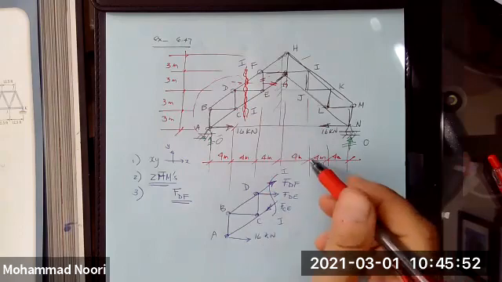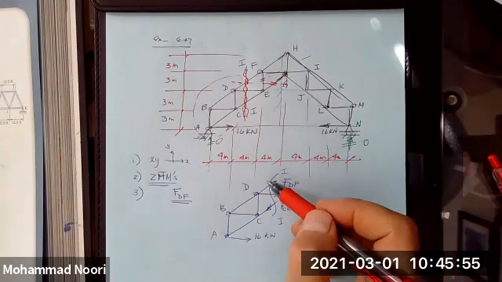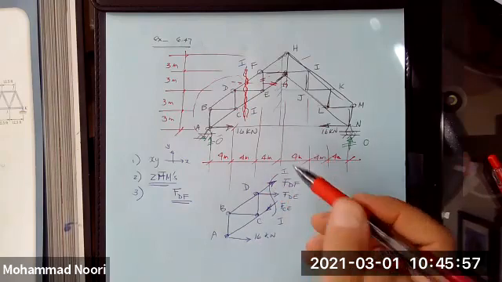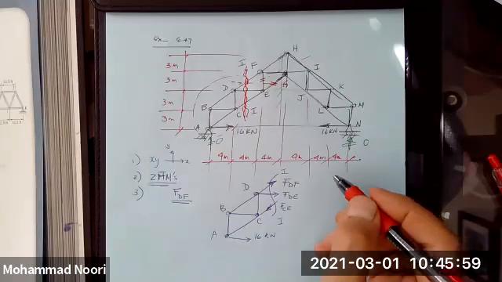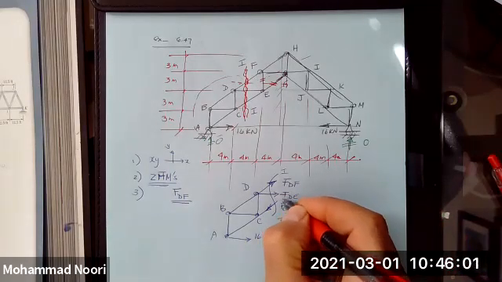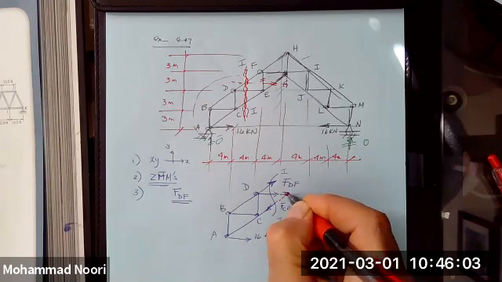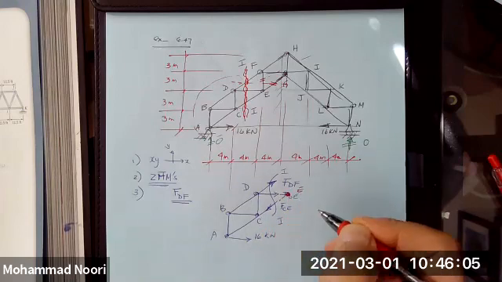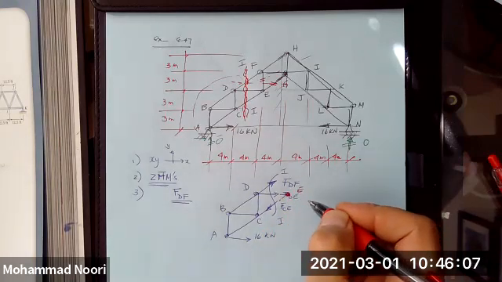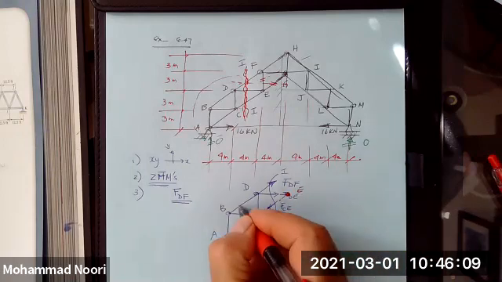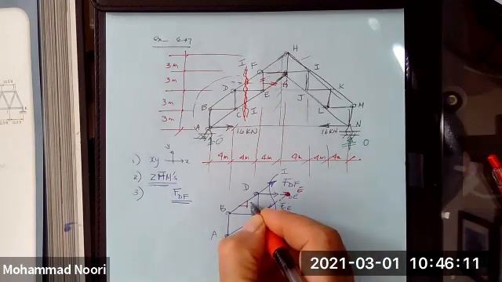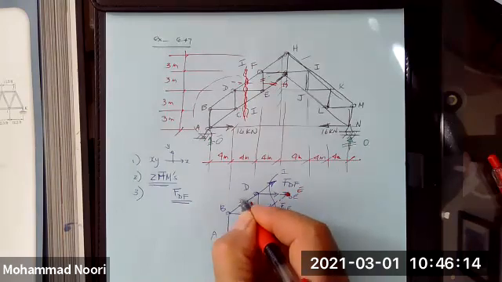If you have three unknowns and you want to find one of them, look and see if you find a point that those two unknowns intersect. And here is the case. These two unknowns intersect at point E, right?